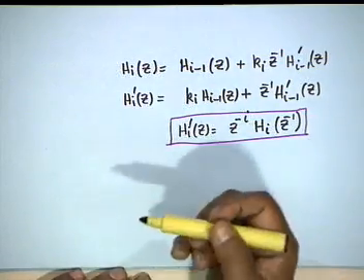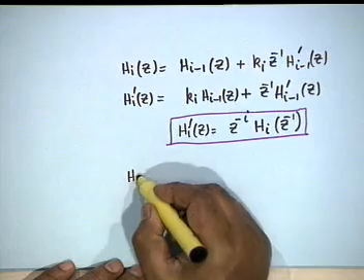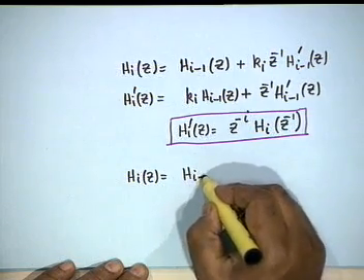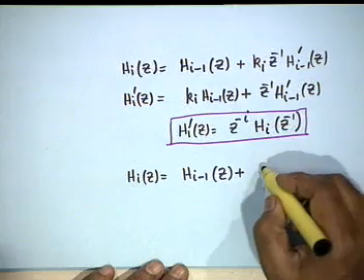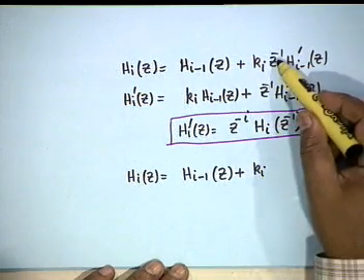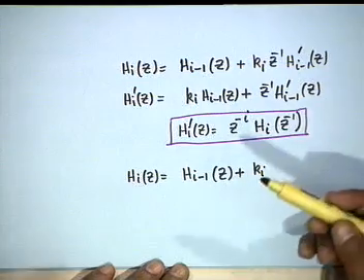One, and the other result is if I substitute this here, then I get Hi(z) as equal to Hi minus 1(z) plus what do I get? Ki z to the minus 1 multiplied by z to the minus i minus 1.